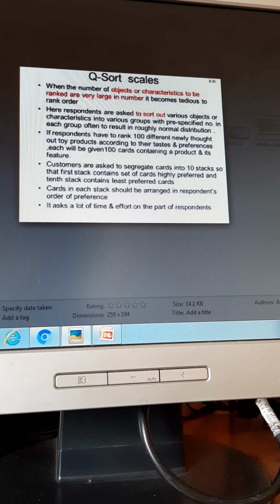We have cards for holiday packages within India. I put my first 10, second 10, third 10, grouping them into 10 different packages based on my preference. Like this, I ask a whole lot of customers to do it.